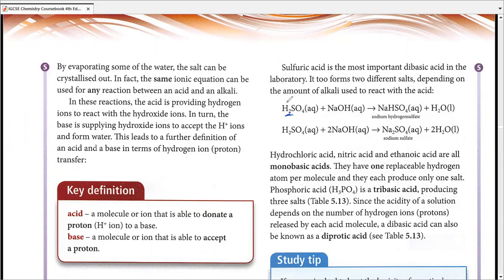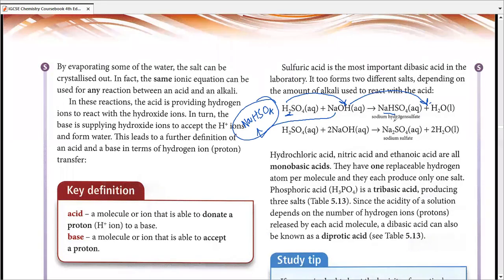It is going to react with OH and form water. What are we left with if we take one hydrogen ion out? We're left with HSO4 negative. Na is going to react with it with a positive sign. So remove this positive and the negative. This is what we have at the start of the first reaction. Take a look. NaHSO4. Name: sodium hydrogen sulfate. It's not just a sulfate, it's hydrogen sulfate.